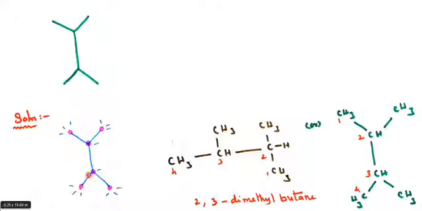For this carbon, only 1 bond, so 4 minus 1 bond, 3 hydrogens. This carbon is linked by 3 bonds, so only 1 hydrogen. This carbon has only 1 bond, 3 hydrogens. This carbon has 3 bonds, so only 1 hydrogen. This carbon has only 1 bond, 3 hydrogens, and this one also 3 hydrogens.